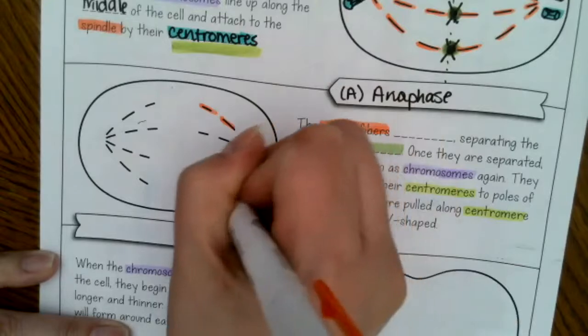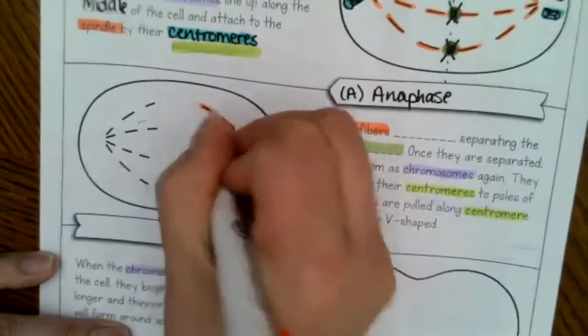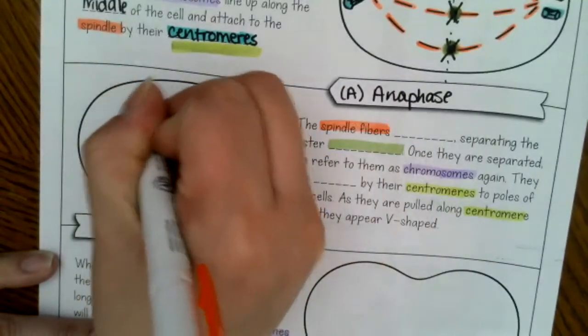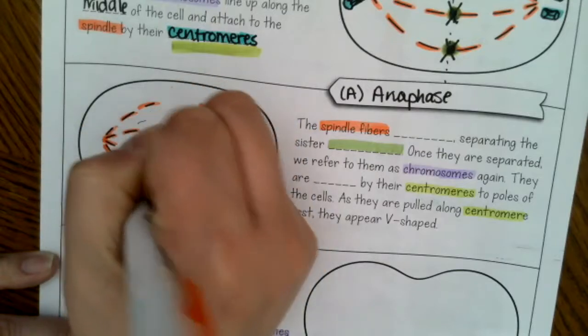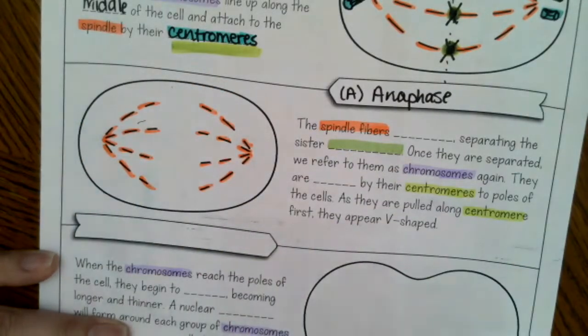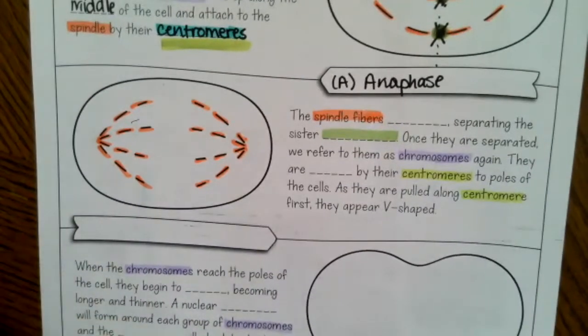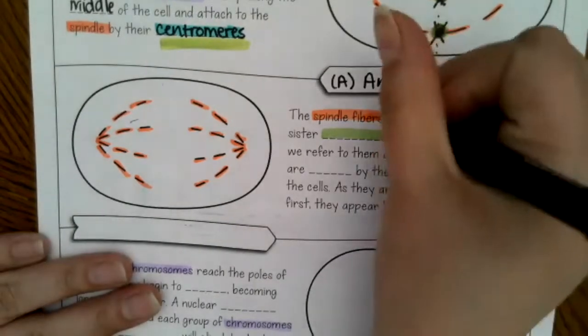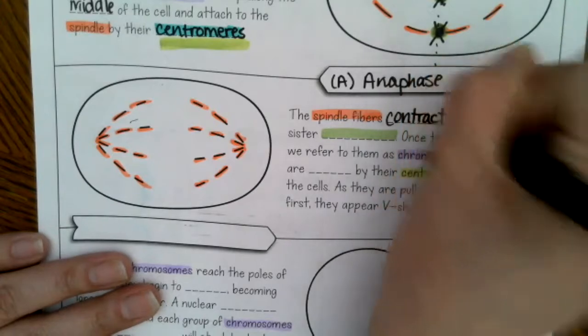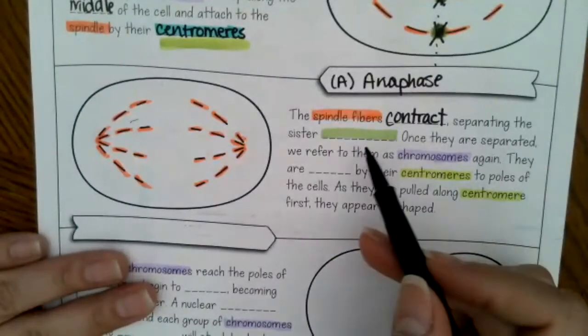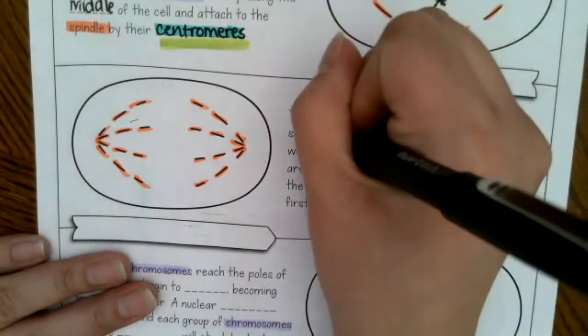Not gonna hurt anything. Pretty. All right, so now that we have our spindle fibers, they are going to contract just like muscles. They're going to contract and they're going to separate our sister chromatids.